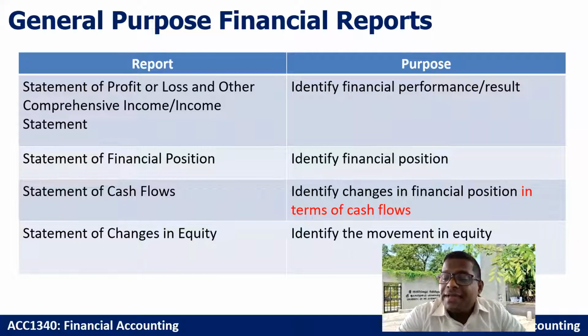If there are any liability provisions, like warranty on sales, you may make a provision. So if you know that there is a possibility of incurring any future loss, future liability, just because of today's event, you make the provision.